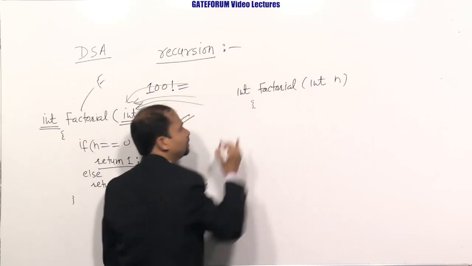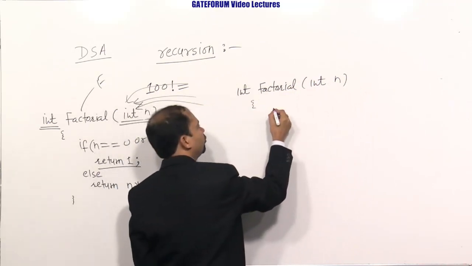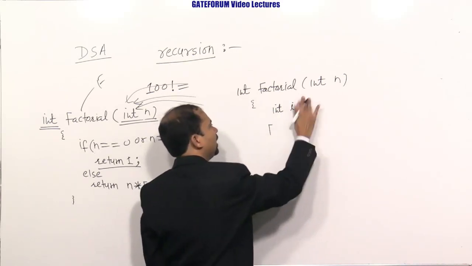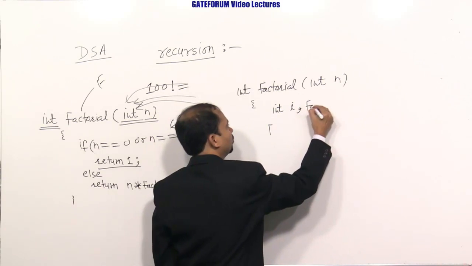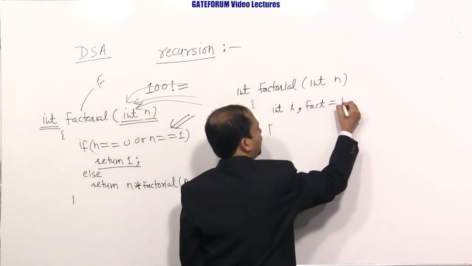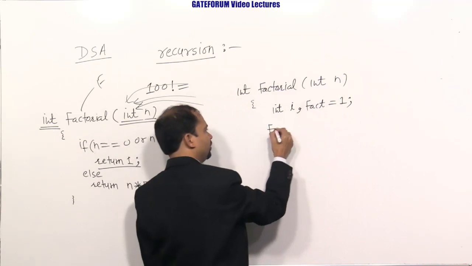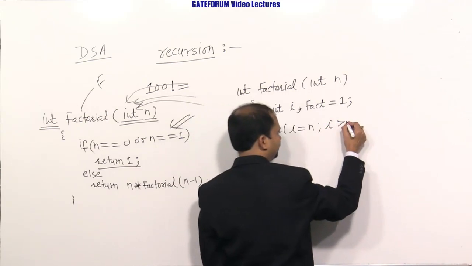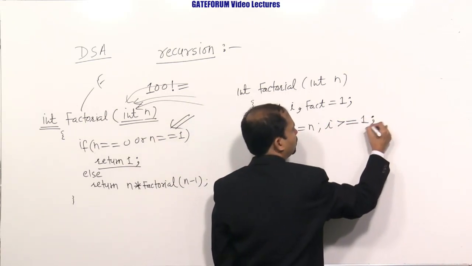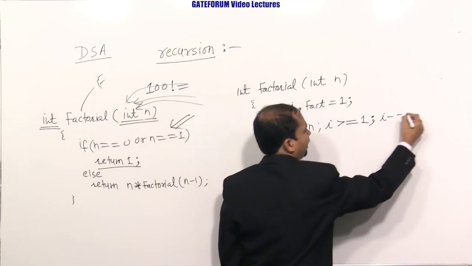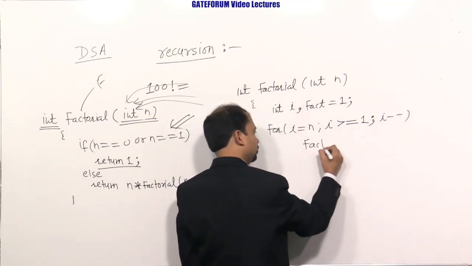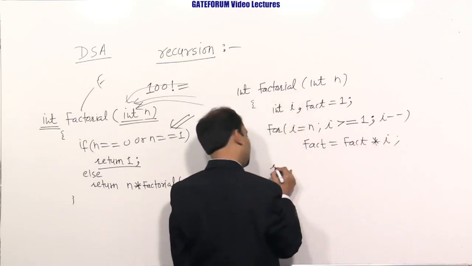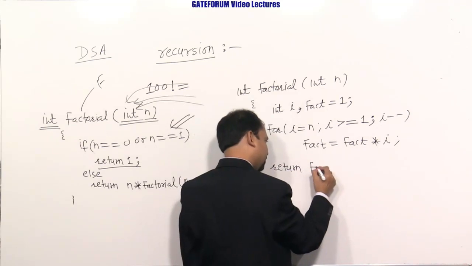Here we can have a simple loop: int i, and we have to store the value of factorial, which I assume is 1 as the base case. So we loop for i equal to n, i greater than or equal to 1, i minus minus, and fact equal to fact into i, and finally return fact.